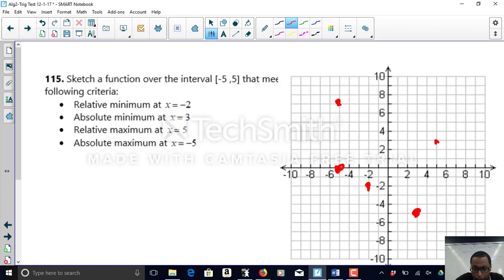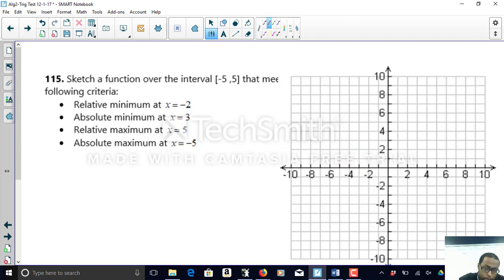And then I could do this a lot of ways. I can go like this. Right, I can go back here. So maybe I move the 5 over. Let's see, I'm gonna do that differently. So relative minimum is negative 2, so maybe I move it here.